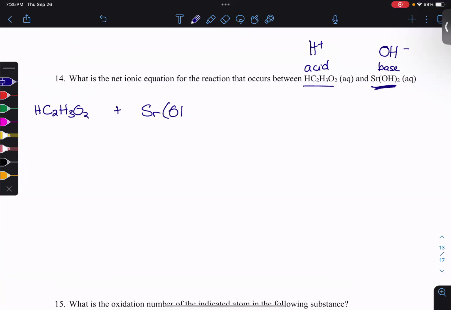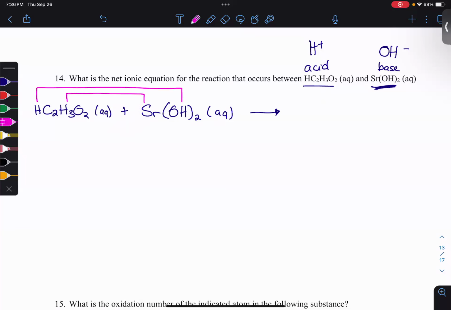We want the net ionic equation for this, so we need to get the full balanced molecular equation first. We need to balance it. These two things are aqueous. When we build a double displacement reaction, what we want to do is cation-anion swapping.